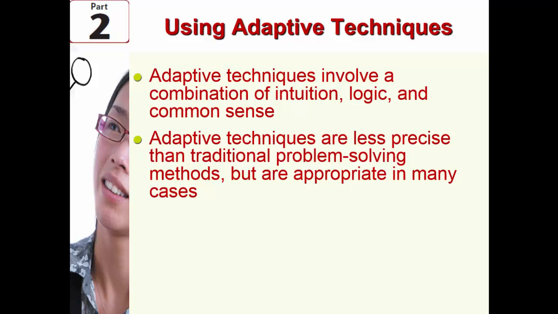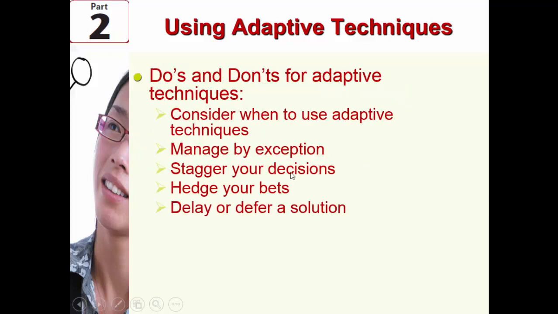So this is a different alternative for us than the kind of quantitative alternative that was just presented. Using adaptive techniques to problem solve, we're going to use a combination of our personal intuition, our logic, and common sense. And so these are less precise than traditional problem solving methods, but they're appropriate in many, many situations.